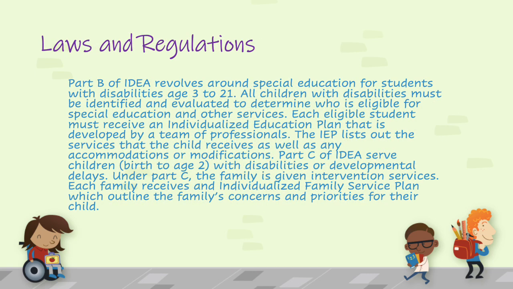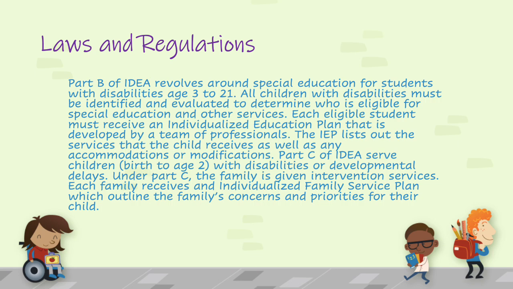Laws and regulations. Under Part B of IDEA, it talks about special education for students with disabilities from ages 3 to 21. They must be identified and evaluated to determine who is eligible for special needs and other related services.